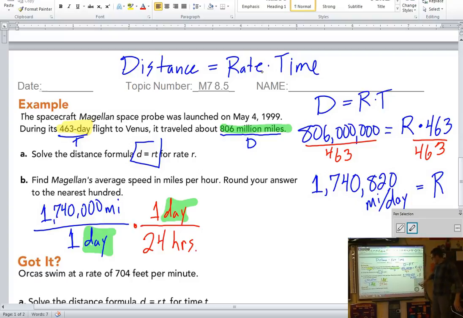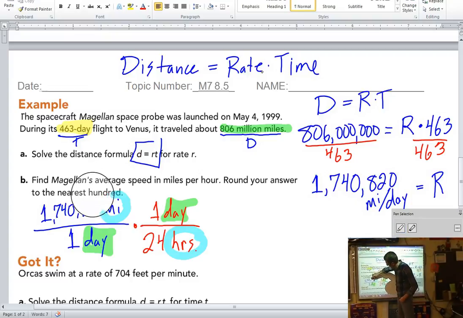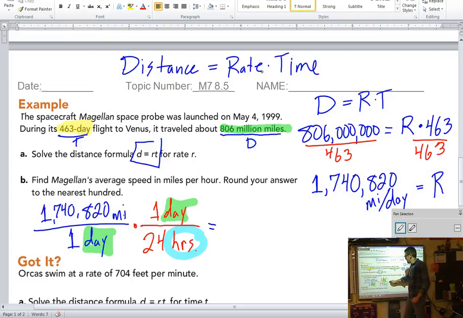So what I'm going to end up with is the miles per hour, which is what I want. So we really take our 820,000. Sorry, I forgot the 820. Please be more accurate than I was. And divide that by 24, we get a result.